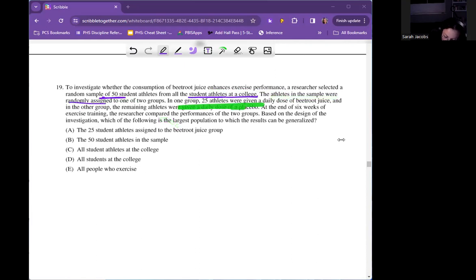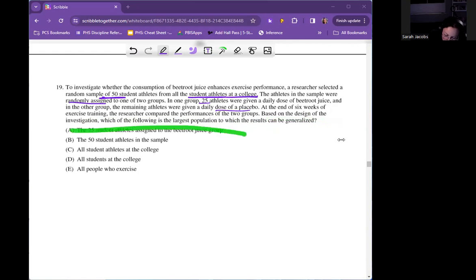In one group, 25 athletes were given a daily dose of beetroot juice, and in the other group, the remaining athletes were given a daily dose of placebo. So even groups, control group with placebo, all is looking good. At the end of 6 weeks of exercise training, the researcher compared the performance of the two groups. Based on the design of the investigation, which of the following is the largest population to which the results can be generalized?